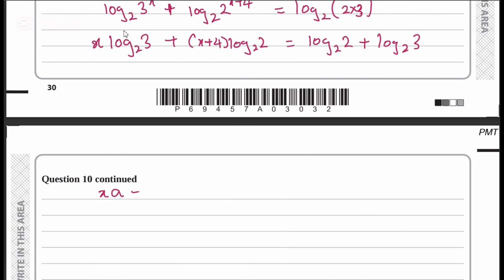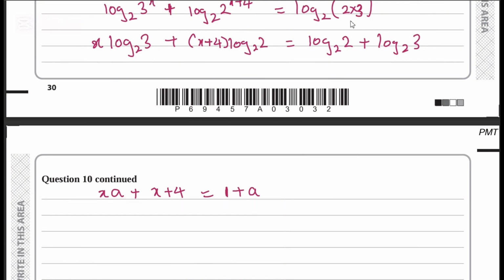Right, next part, we know log to the base 2 of 2 is 1, so 1 multiplied by x plus 4 simply gives me x plus 4. And on my right hand side, log to the base 2 of 2 is 1, I'd have 1 here, and log to the base 2 of 3 is a, we know that from the start of the question.